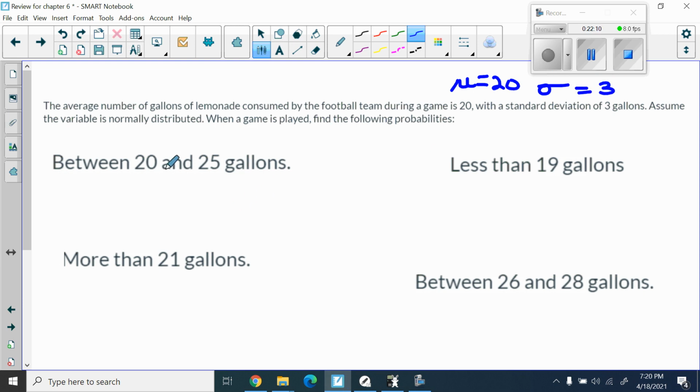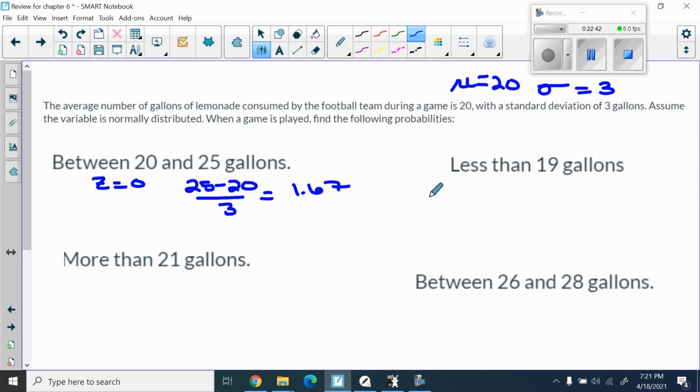So if we want a z-score where it's equal to the mean, this z-score is going to be 0, right? For 25 gallons, it's going to be 25 minus 20 divided by 3, and that's 1.67.